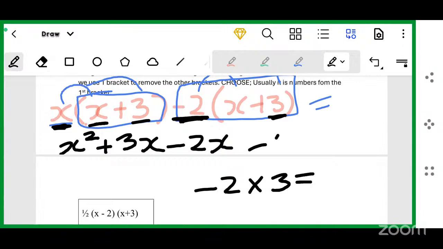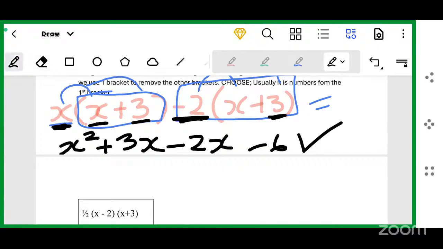Perfect. Correct step. So now we look at, do you remember the like terms? What we just said back there. Which ones are the like terms here? The 3x minus 2x. Perfect.